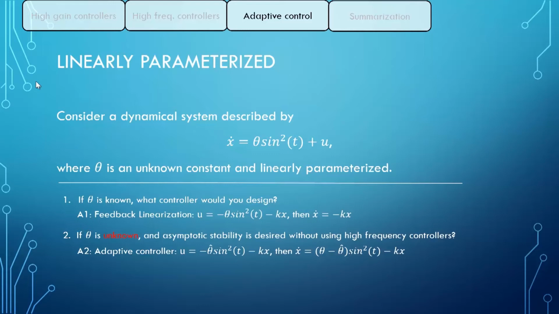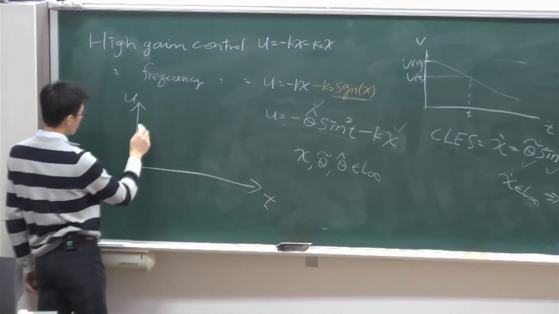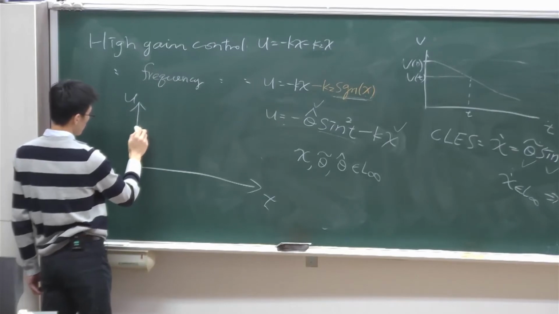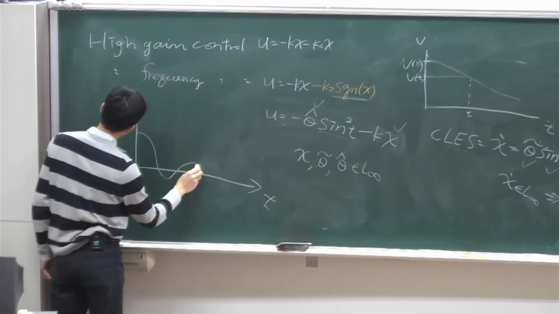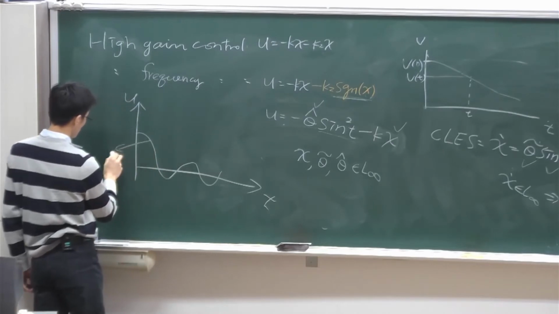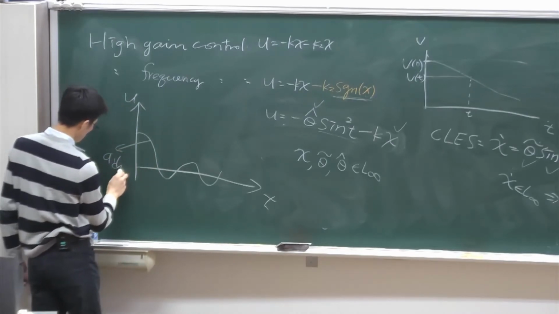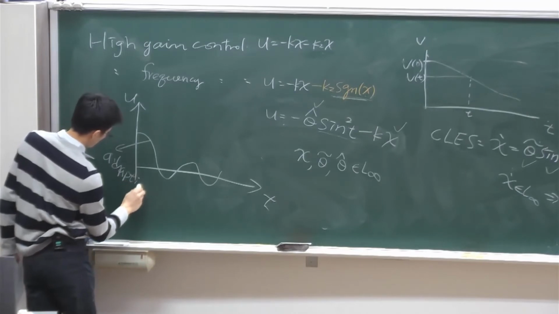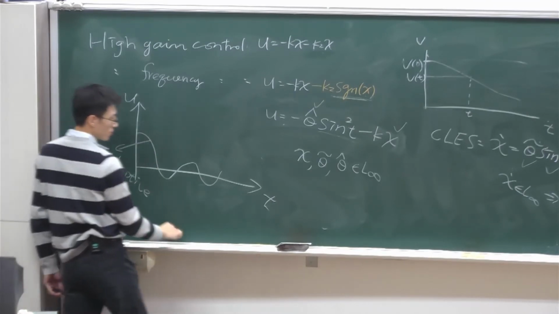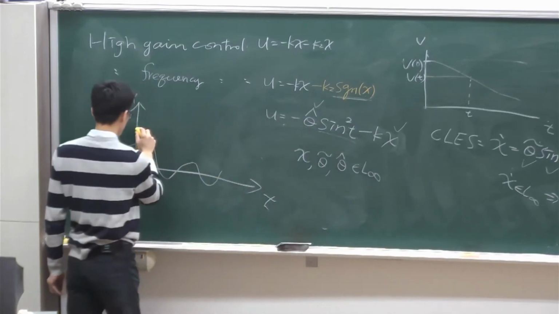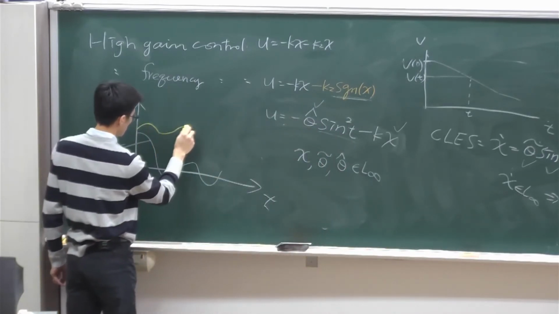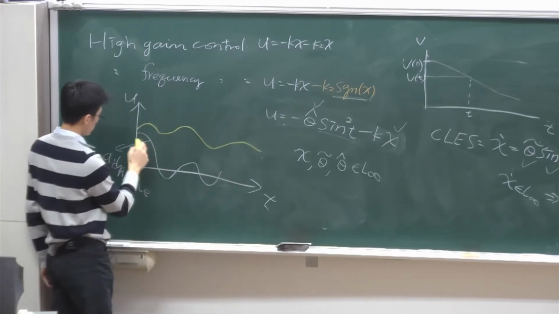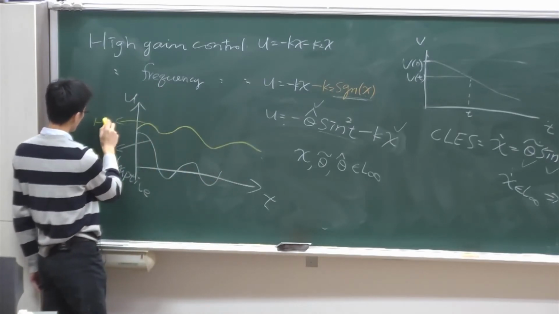I will give you a simulation as a homework. So you will see control over time. Given the same dynamics, if you apply adaptive control, this is adaptive. And robust might be this, robust or high gain.